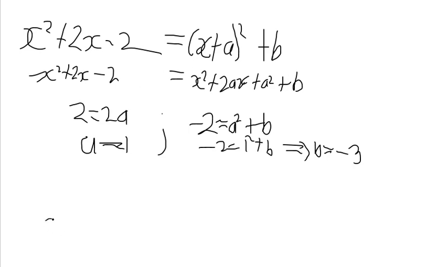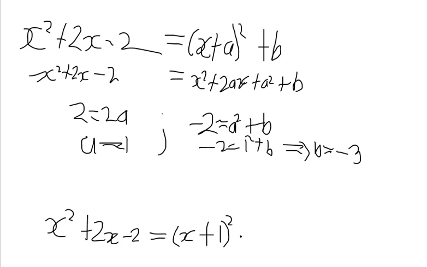That will be x squared plus 2x minus 2, which is equal to bracket x plus 1 squared minus 3.